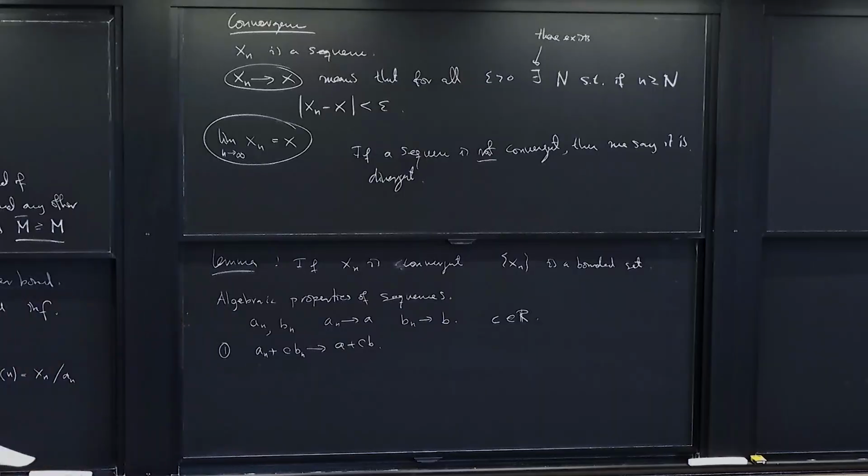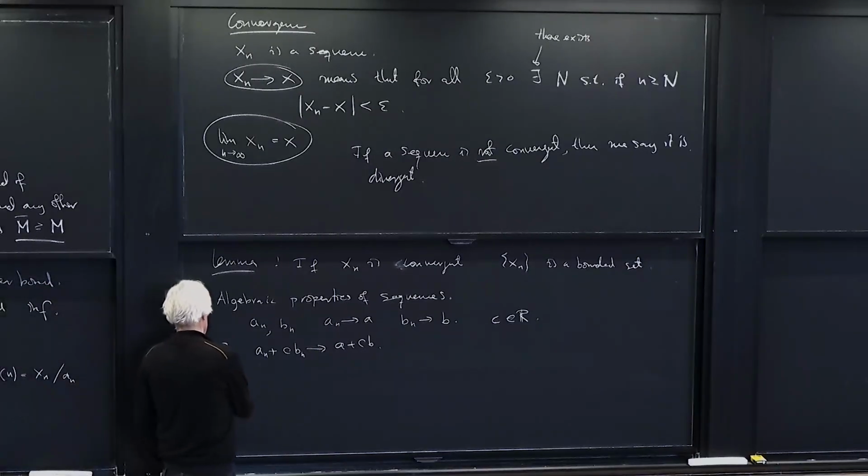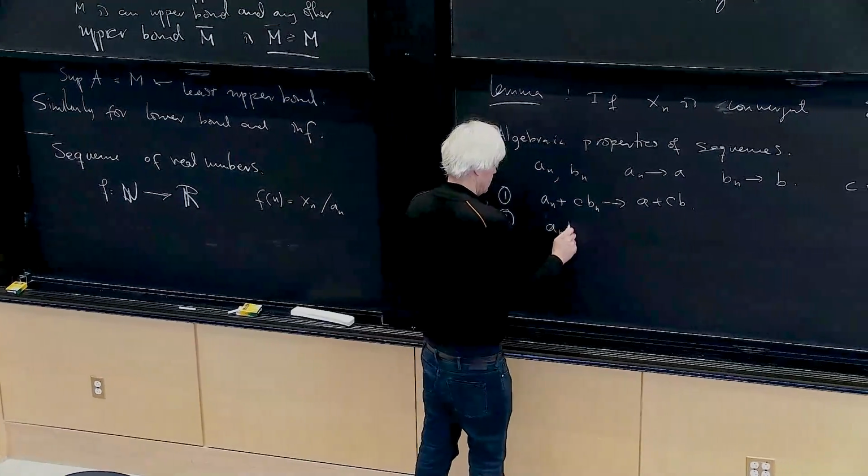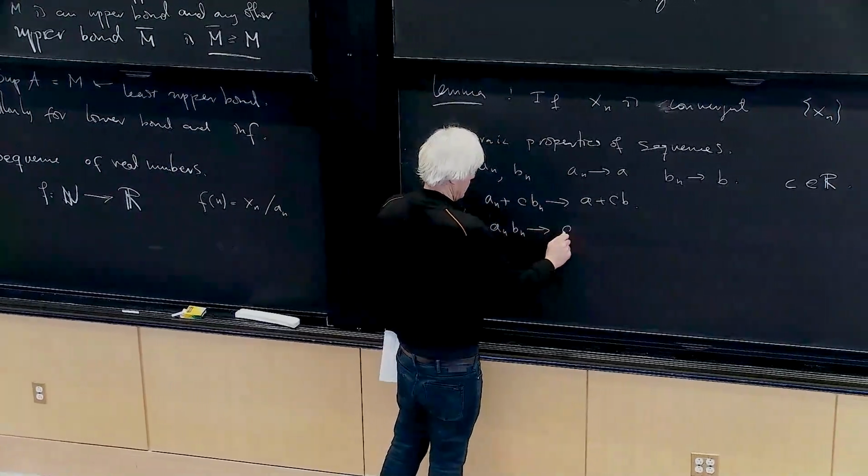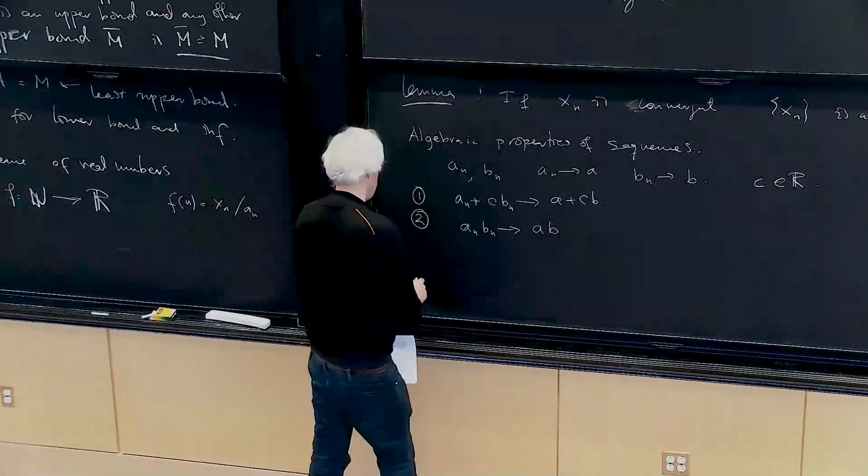When I state it like this, it actually combines two of the properties that we talked about earlier. The second one is that a_n times b_n will converge to a times b.